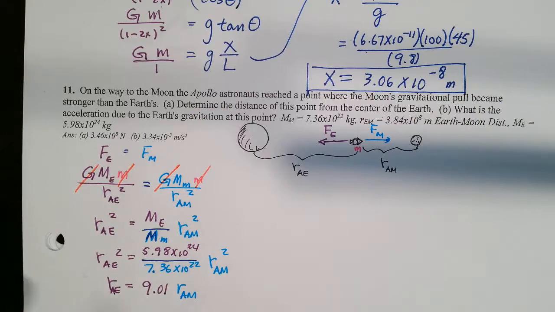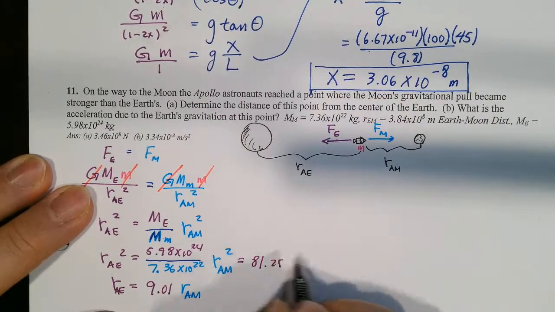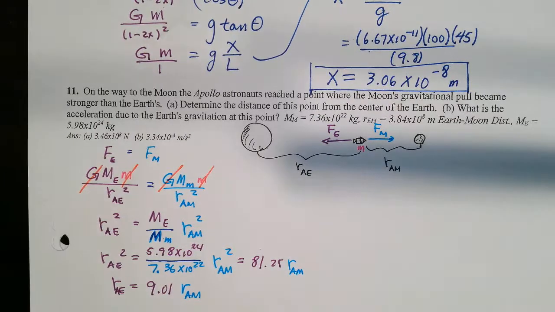Because this turns out to be something like 81.25 radius of AM squared.